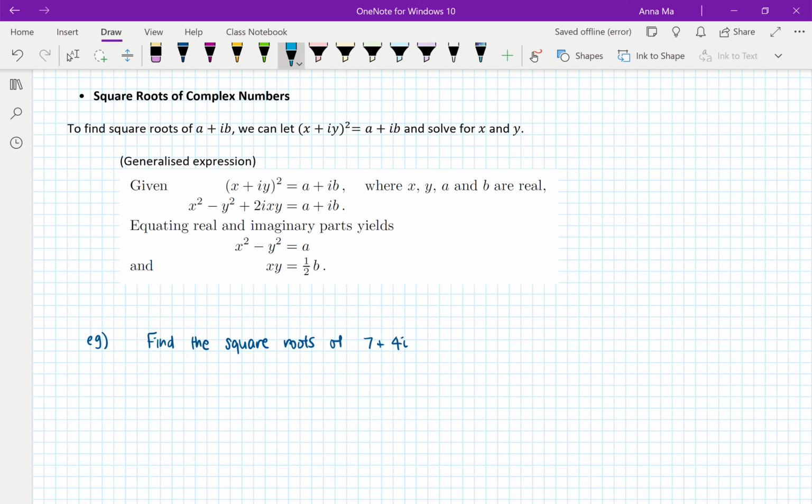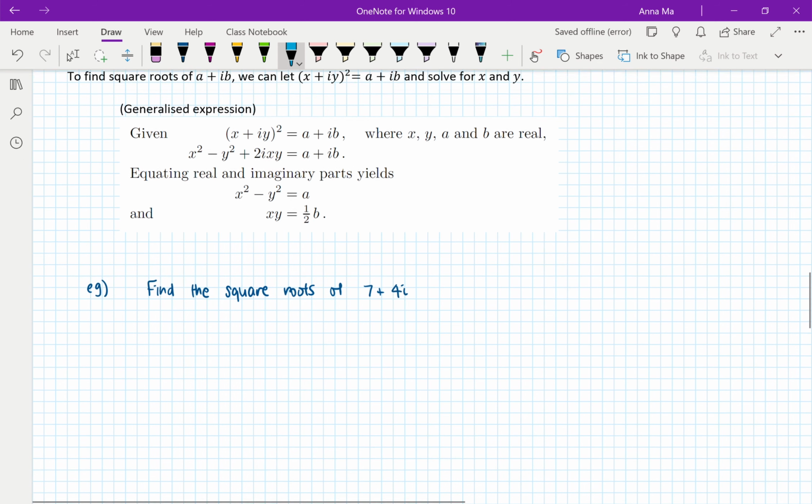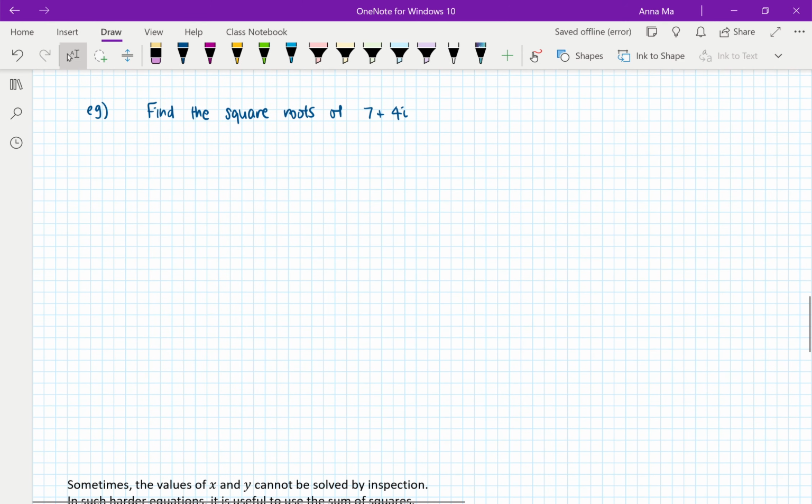So I'll show you an example. If the question says, find the square roots of 7 plus 4i, then I'm going to first define what I'm using. So let this complex number squared equal 7 plus 4i. That means if I find the expression for x plus iy, that would be the square root of 7 plus 4i.